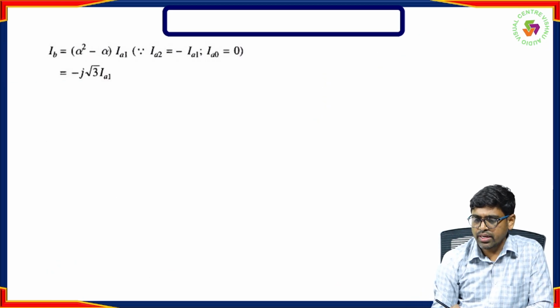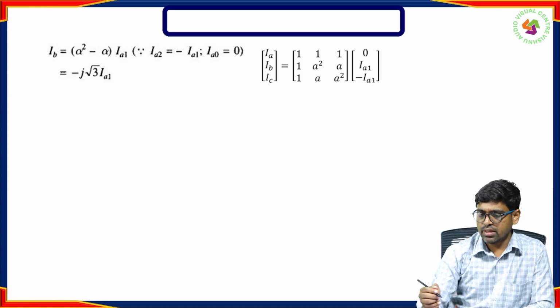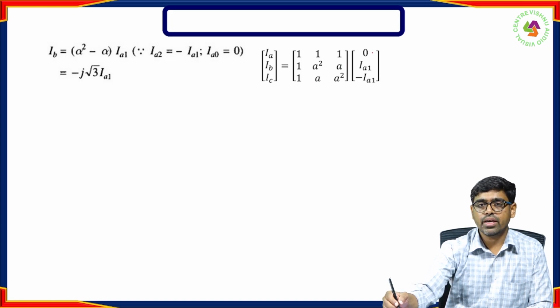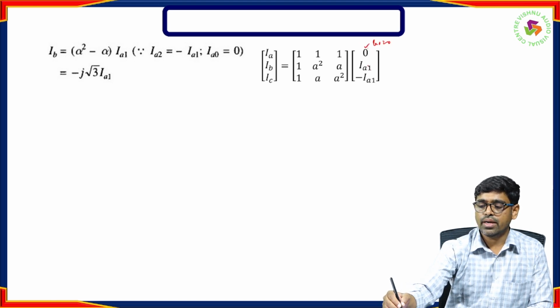And we know the relation for the unbalanced quantities IA, IB, IC: the matrix 1 1 1, 1 A square A, 1 A A square, multiplied by IA0, IA1, IA2, where IA0 is 0, IA1, and minus IA1.